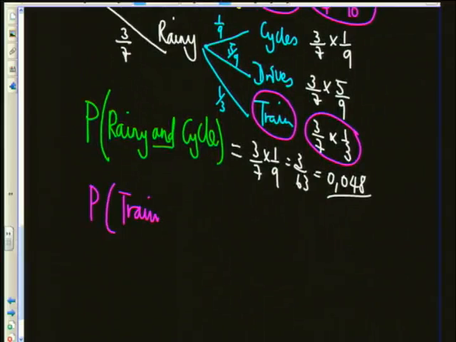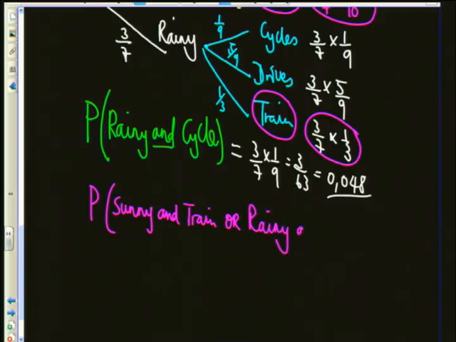So we could say, if you wanted to be strictly correct here, that it would be a combination of sunny and the train together with rainy and the train.